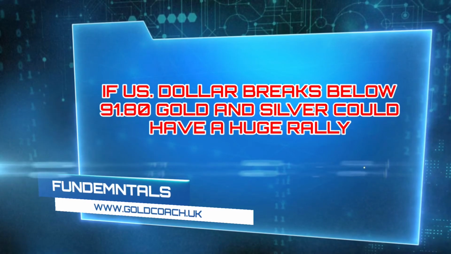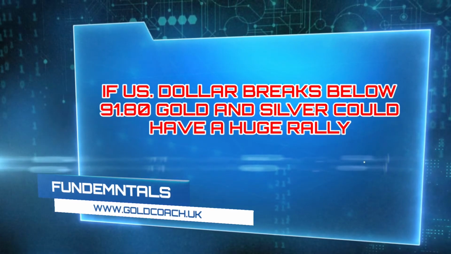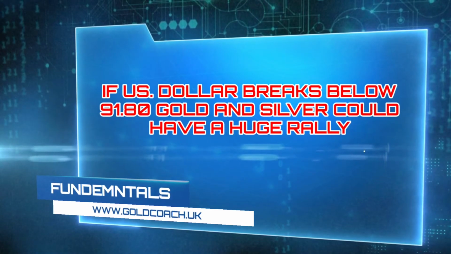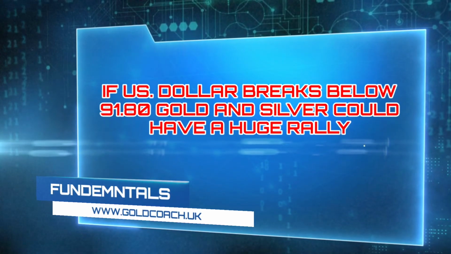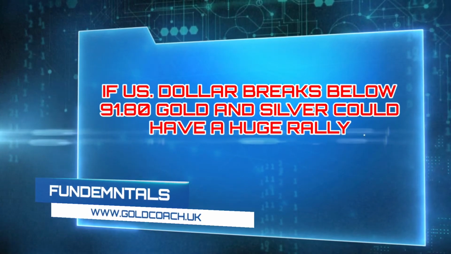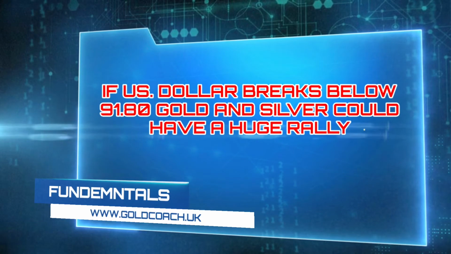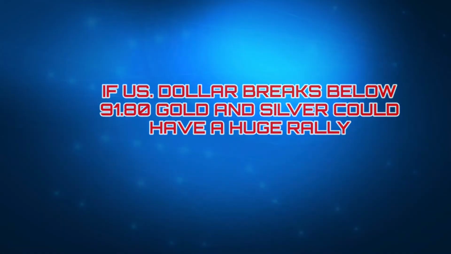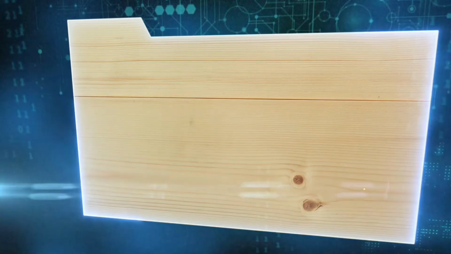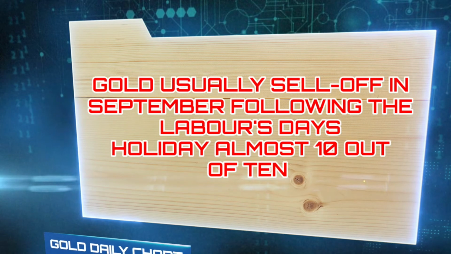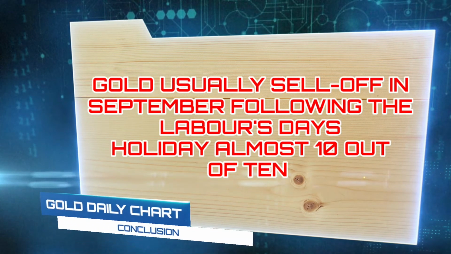For the time being, I cannot find a justification for such a sizable drop in either gold or silver, considering what I have already told you about the US dollar, which may throw a massive correction. But the gold chart itself looks like a retracement after a massive sell-off, not a chart for an asset that is going to rally.